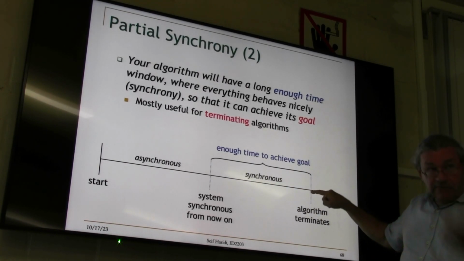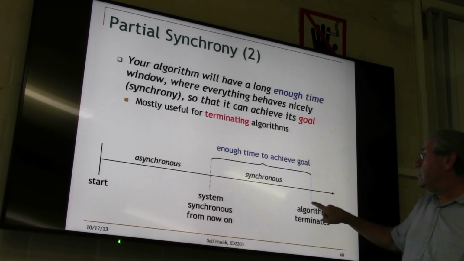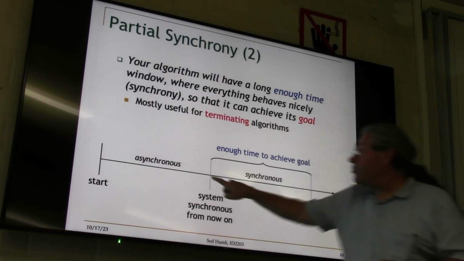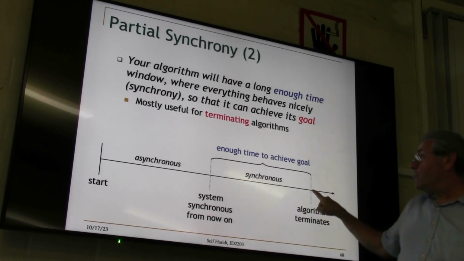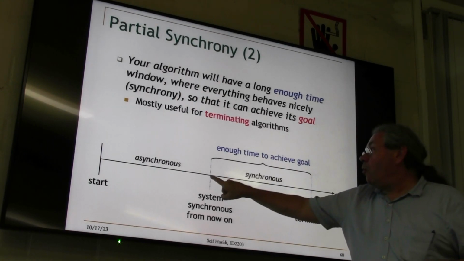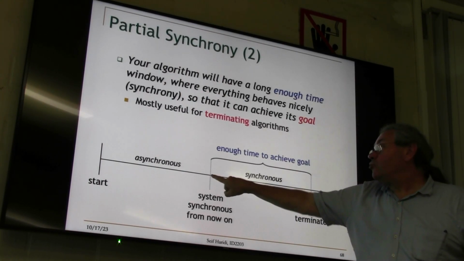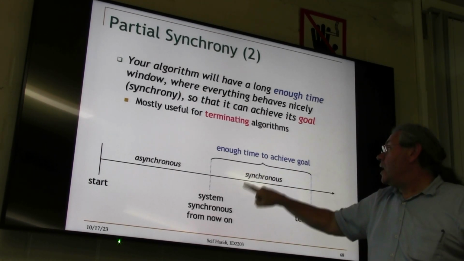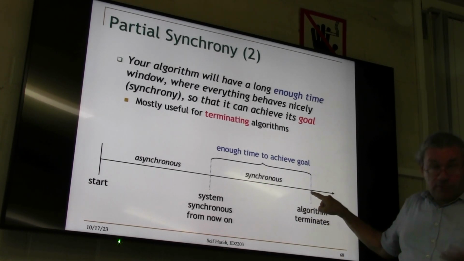And because of that, it will eventually terminate. That means you don't have the whole disadvantage of the asynchrony. You're actually running a synchronous system. The point is, you don't know when this will happen. You just know that somewhere it will happen. And you don't know what the bounds are. You know that there are bounds.